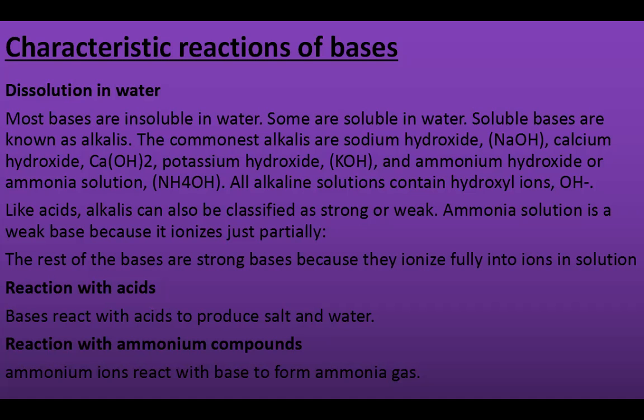The same goes for alkalis. Ammonia solution is the weak base which ionizes just partially. The rest of the bases are strong bases because they ionize fully into ions in solution. So that is the characteristic of dissolution in water: these alkalis dissolve in water.